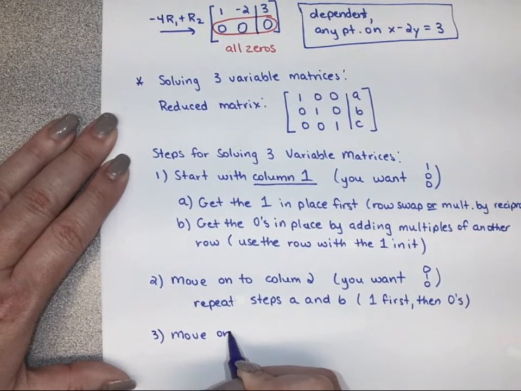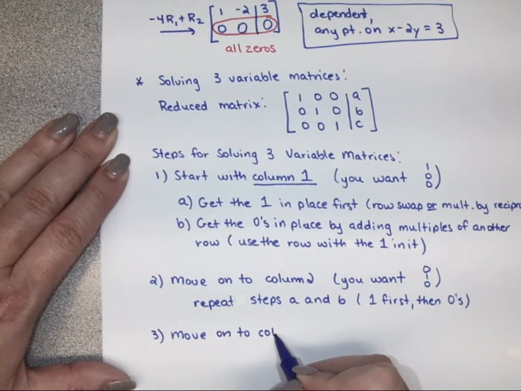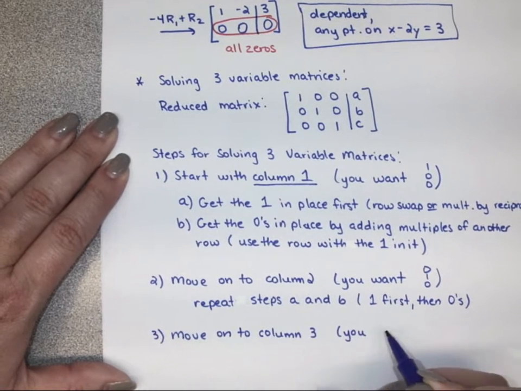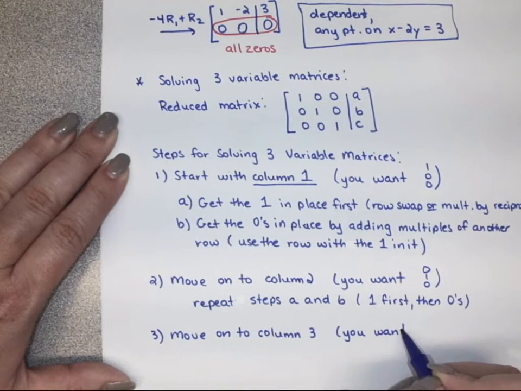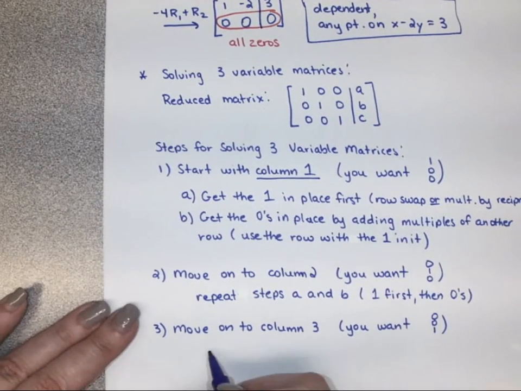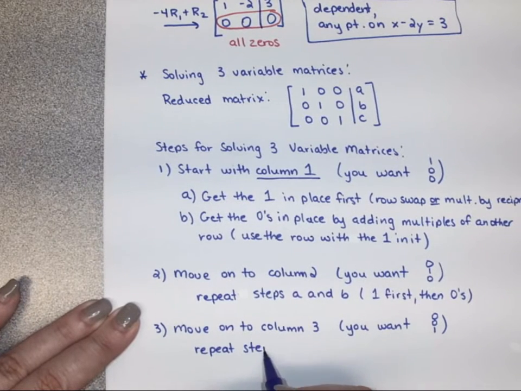The third step is to move on to column 3. But what do you want column 3 to look like? 0, 0, 1. Okay. And again, you're going to repeat steps A and B, get the 1 first, followed by the zeros.